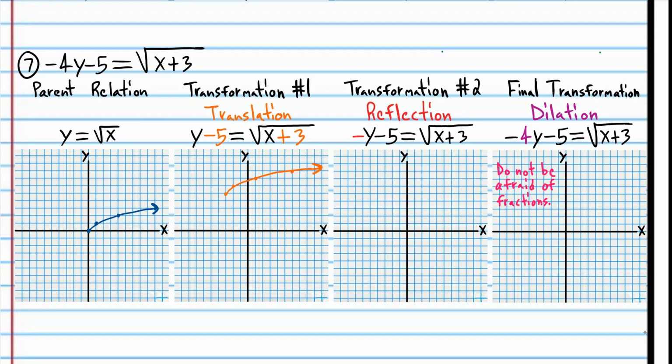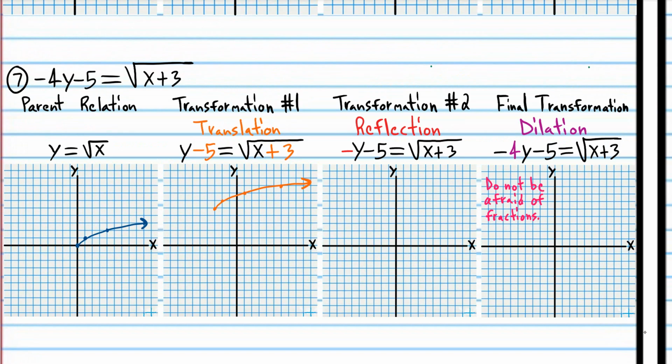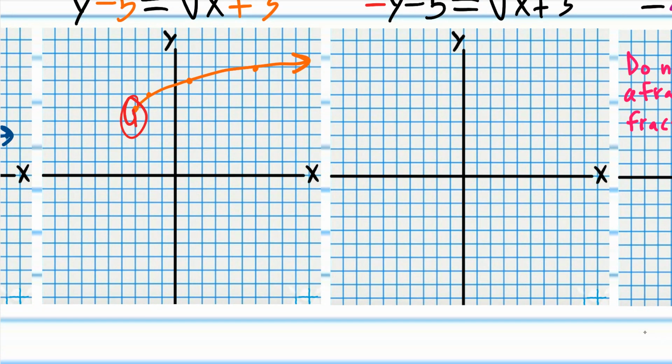Okay, now you see up here we have a negative near the y, so we're going to replace y with negative y. When you do that, you reflect the graph of the previous equation across the x-axis. So we're going to take this point and count 1, 2, 3, 4, 5 units to the x-axis, and then count the same number, 1, 2, 3, 4, 5 across, and that gets us to this point down here.